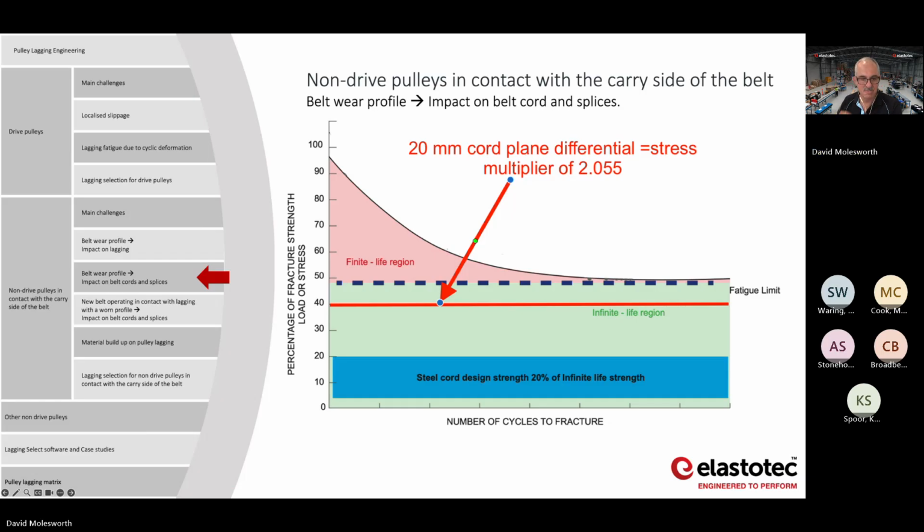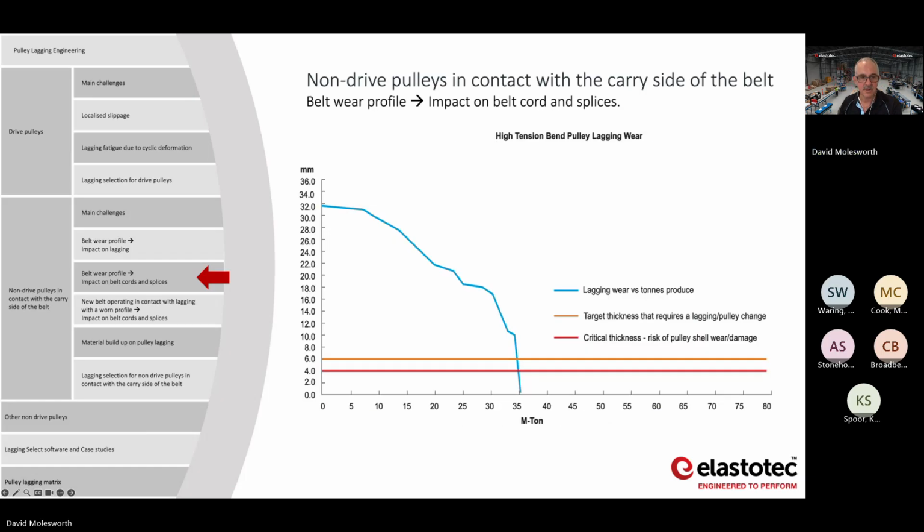Now, if you look at this graph here, this is only measuring the lagging. There's no allowance in here for the belt wear. And let's say you assumed that the amount of wear in the belt was corresponding to the lagging. Basically, to get that 20 mil chord plane differential, we'd have 10 mil of lagging wear. We'd be out here somewhere, and a corresponding 10 mil of belt wear.